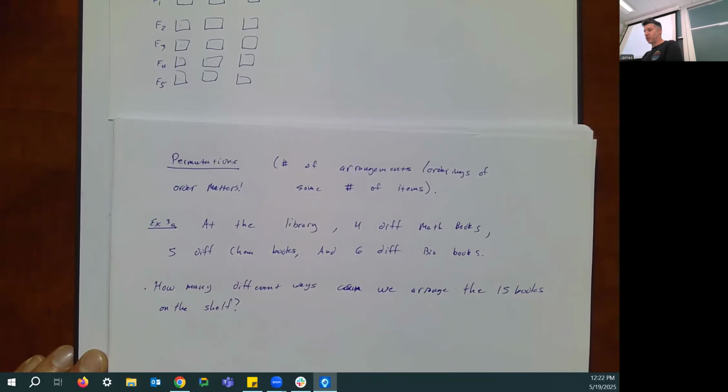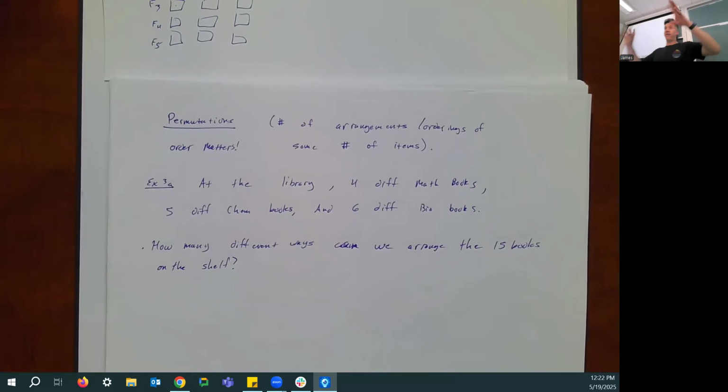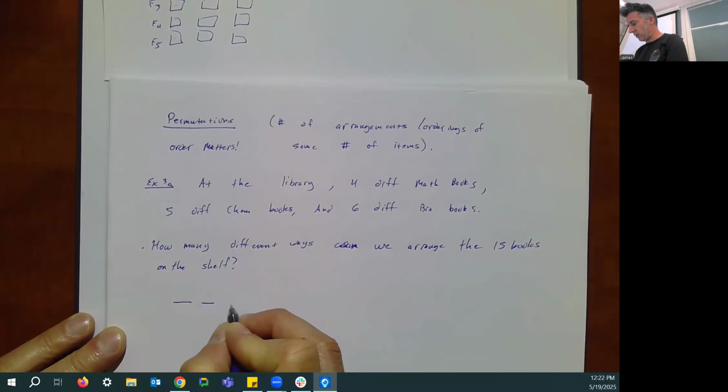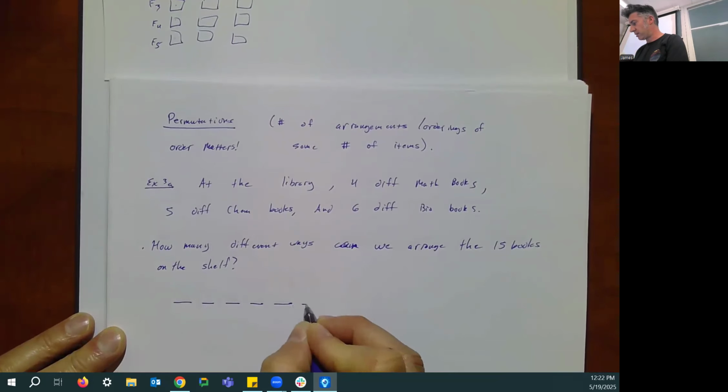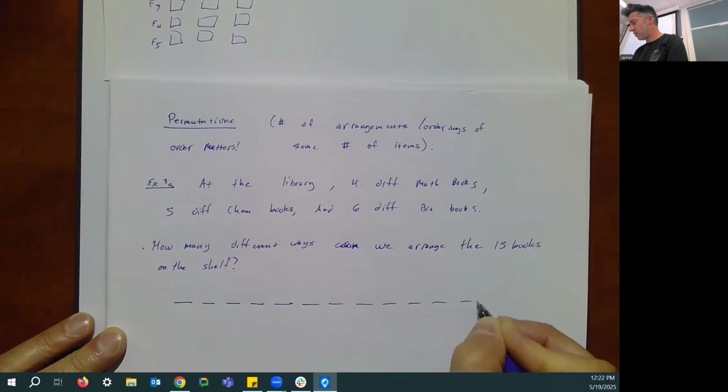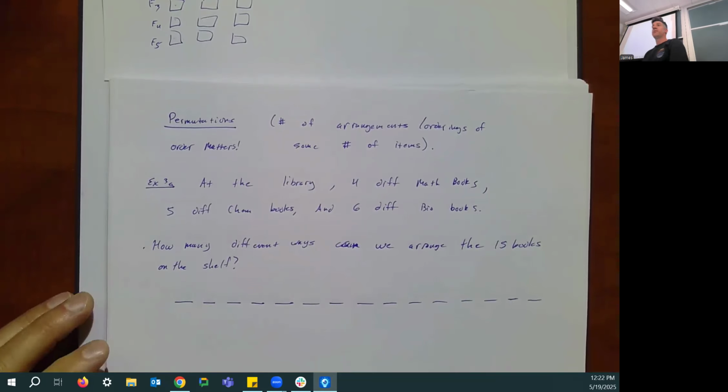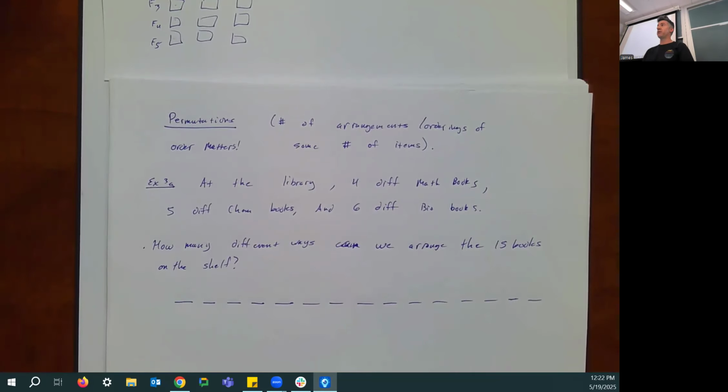Well, when I'm answering a question like this, I typically think about having 15 spaces. So there's 15 spots the books can go in. So there's 15 books and there's 15 spots. So really the question to ask myself is, how many choices do I have for the first book I'm going to put down? Well, how many books are there? 15.